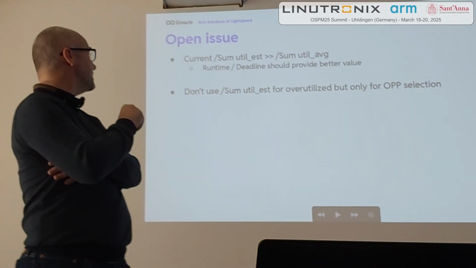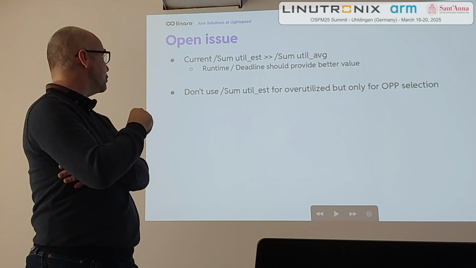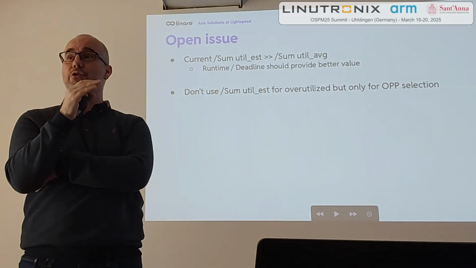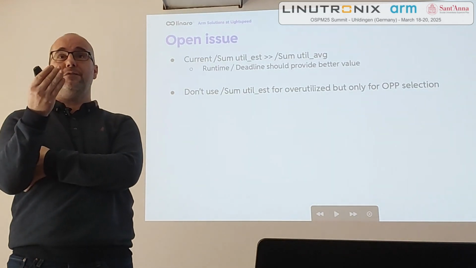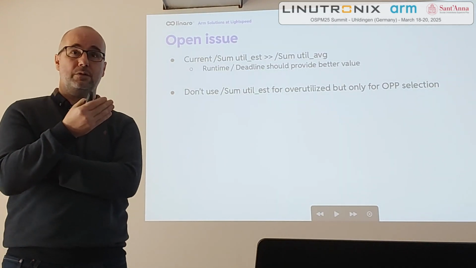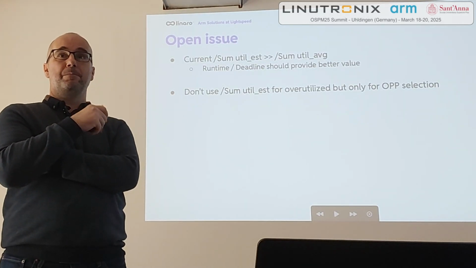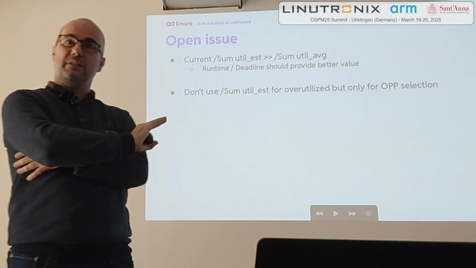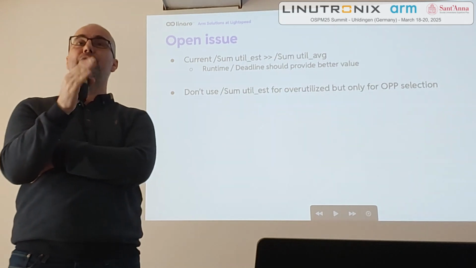And the other thing is that the goal is that we should probably not use the UTLS for overutilized, but only for the OPP selection, just to set the bandwidth, but not to say if a CPU is overutilized or not. No, so you can still use util average. That's one thing. I'm just speaking about the UTLS.